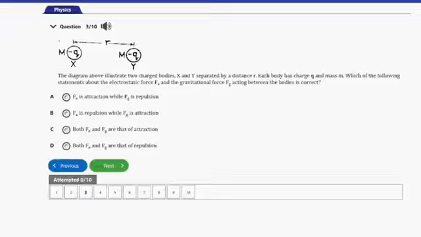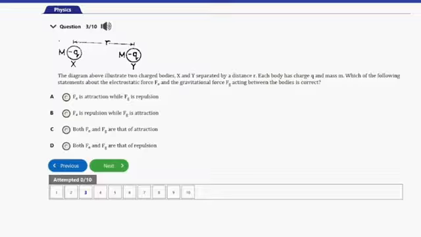So let's take note that the force of gravity is actually that of attraction, and then the electrostatic force here can be that of attraction or repulsion depending on the charges.